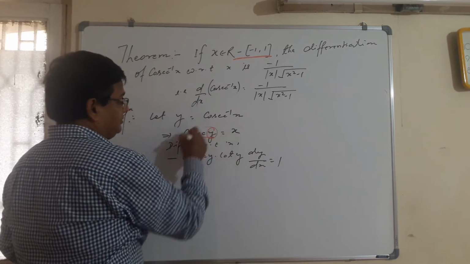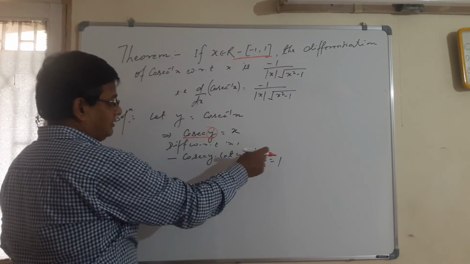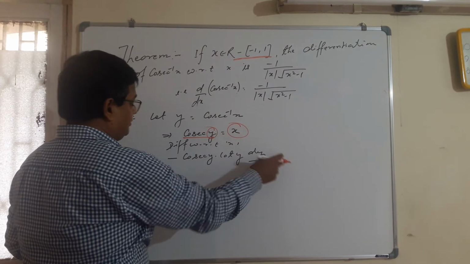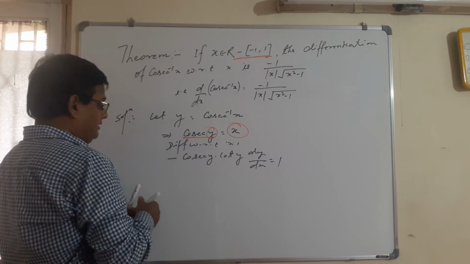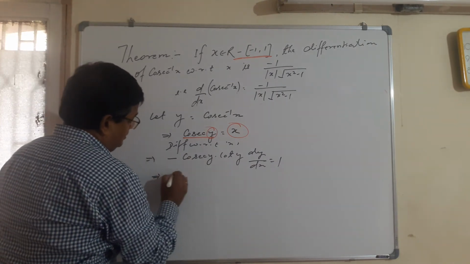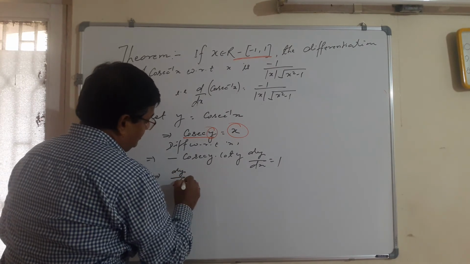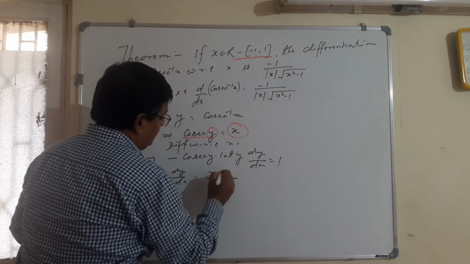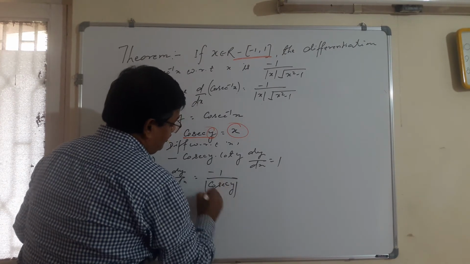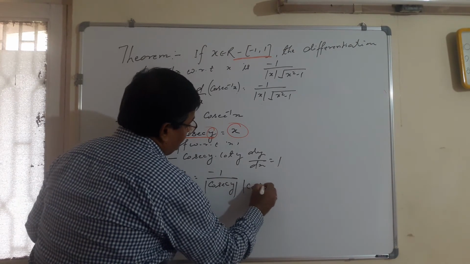Then the differentiation of x with respect to x is 1. So dy by dx is equal to minus 1 over cosec y into cot y.